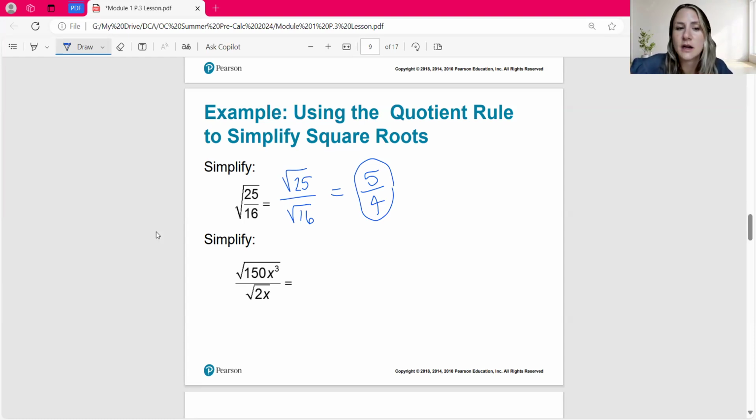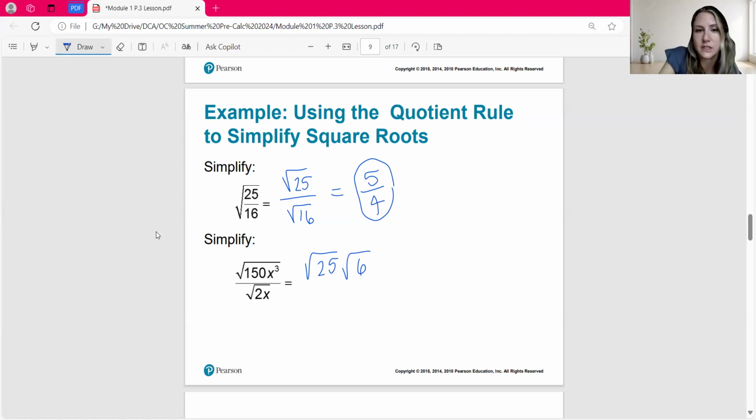For the second one here, it's already broken up that way, so let's continue to just focus on the numerator and then the denominator. If I look at the square root of 150, I'm going to break that up. I'm coming up with factors of 150 where one is a perfect square. So if I think about 150, I know 25 and 6 multiply together to give me 150.